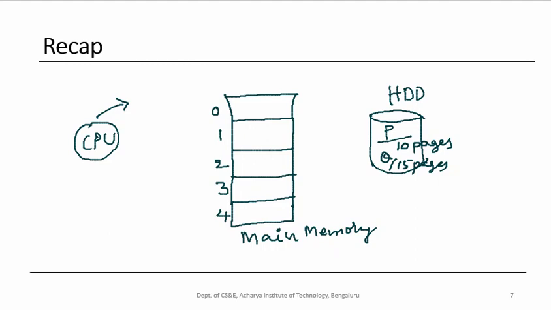Otherwise, you can bring in some of the pages of a process. For example, if you want to run the program P, let's say page 1, page 0 and page 2 of process P are brought into the main memory, and accordingly we make the entry in the page table.